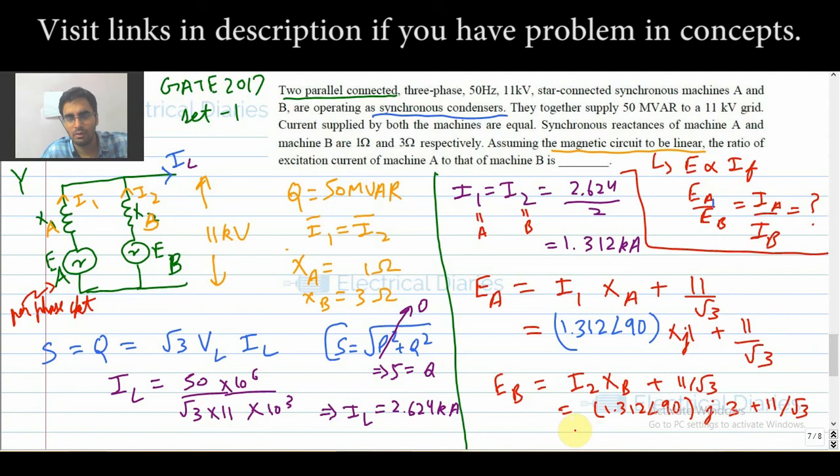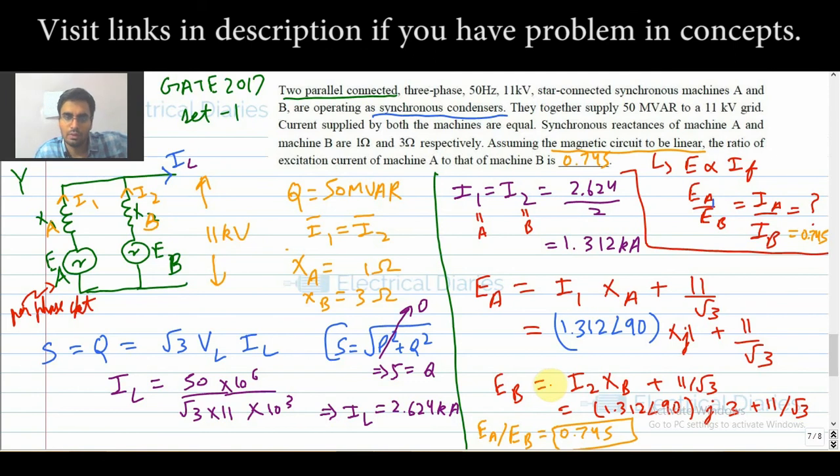Whatever values you get, you just have to divide them, and on solving those you will get EA by EB as 0.745. So that is your answer. You can write it down as 0.745.